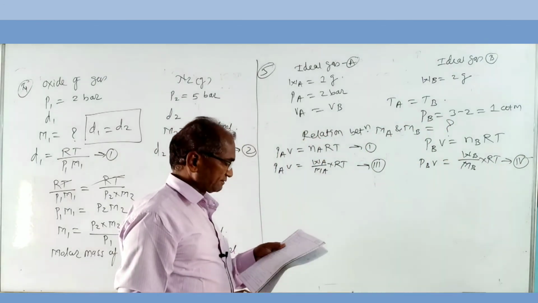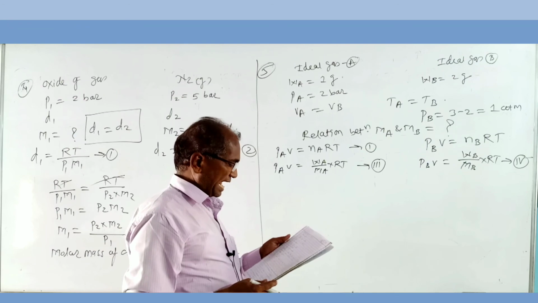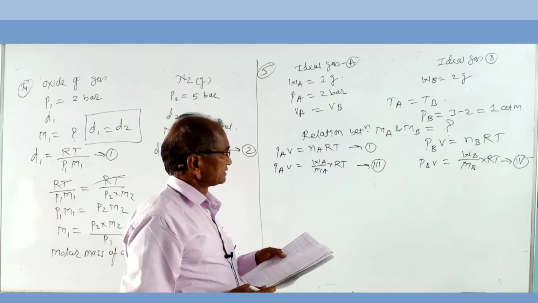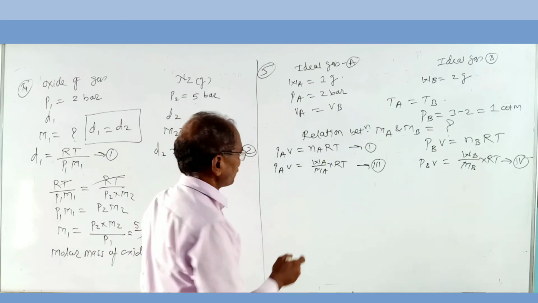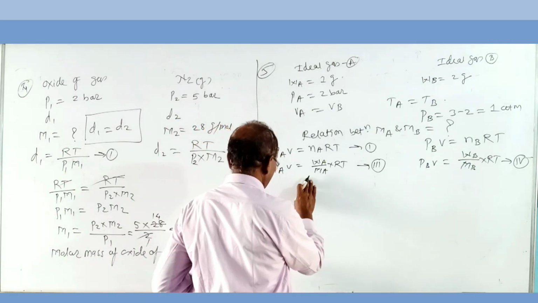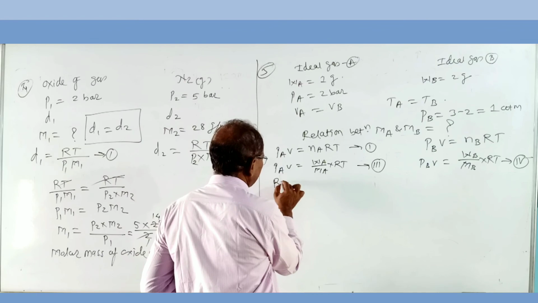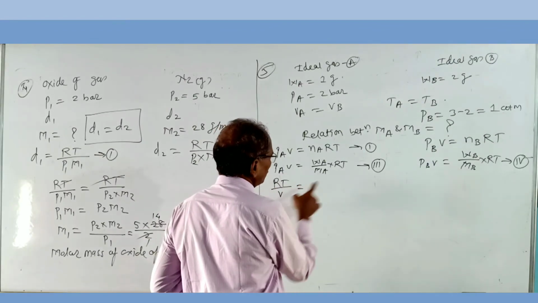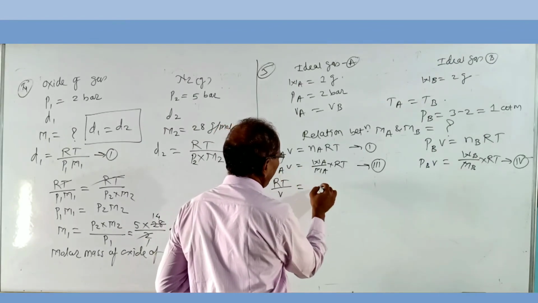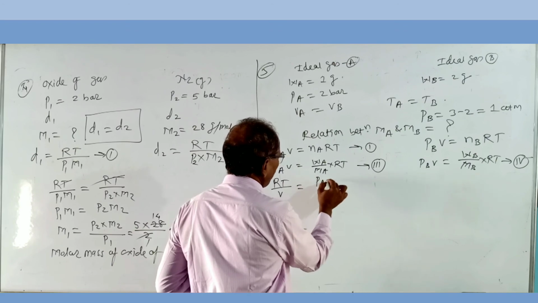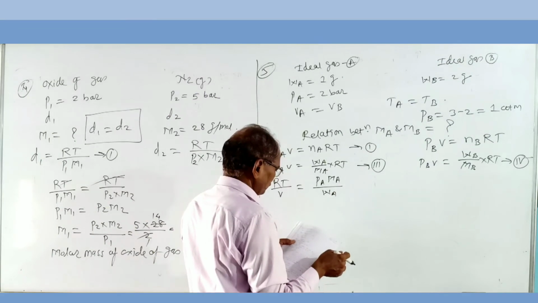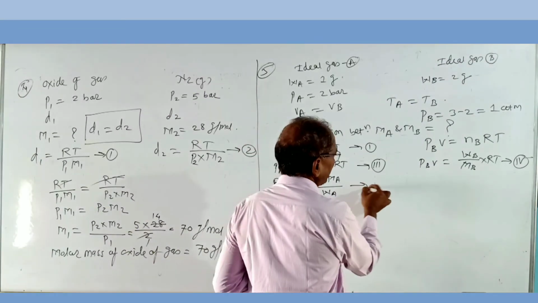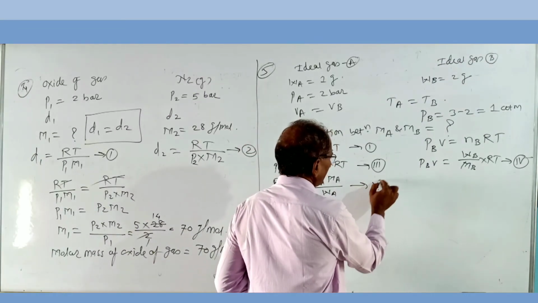From equation 3 and 4, from this equation we can write RT upon V is equal to PA into MA upon WA, equation 5.